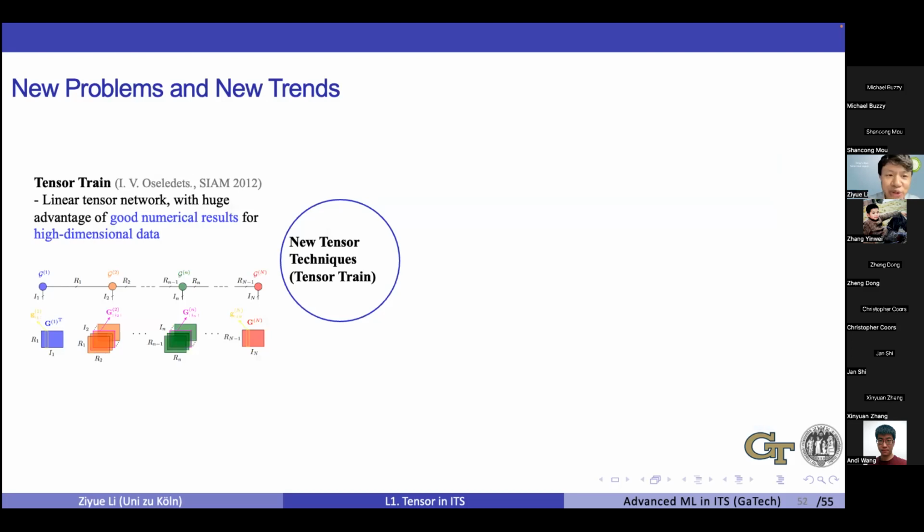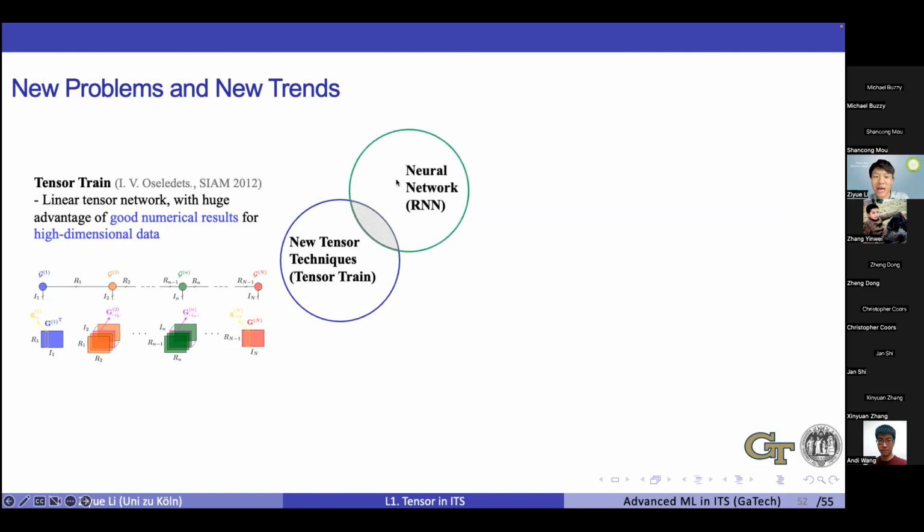And there are also some new things happening in this tensor area, a new type of decomposition called tensor train decomposition, which is better, people claim, because it has really good numerical results. People also combine it with neural networks to speed up training, because tensor train decomposition can compress the tensor parameters to be learned.